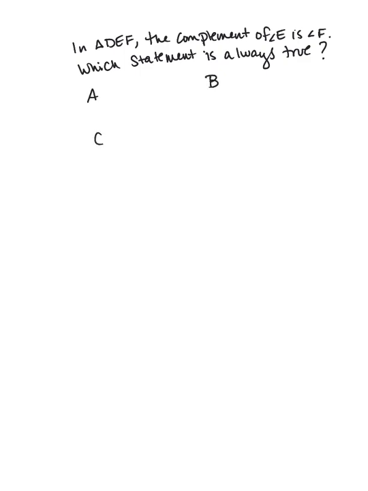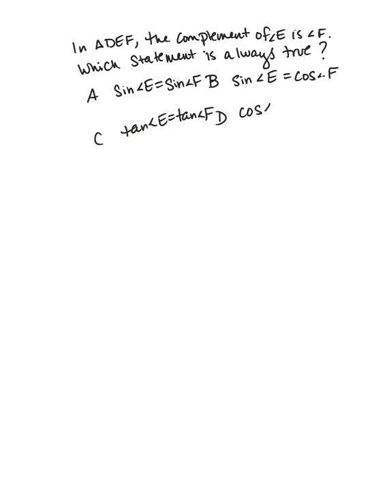A: The sine of angle E is equal to the sine of angle F. B: The sine of angle E is equal to the cosine of angle F. C: The tangent of angle E equals the tangent of angle F. D: The cosine of angle E is the tangent of angle F. Which one of these is always true?